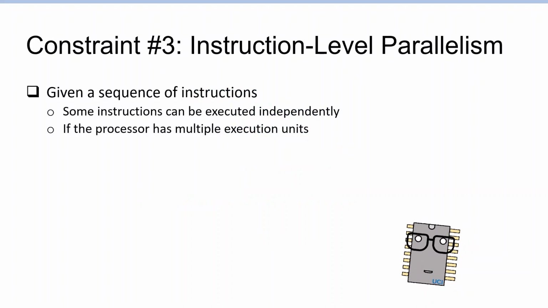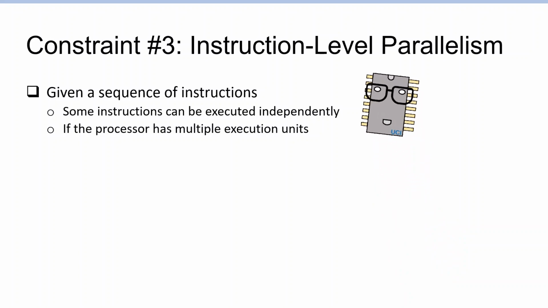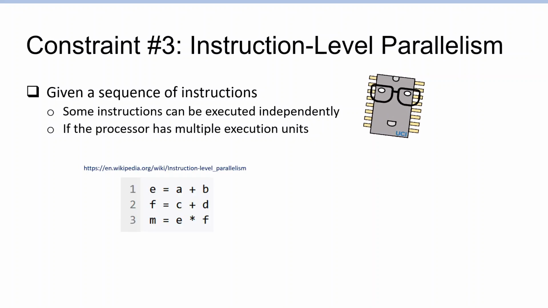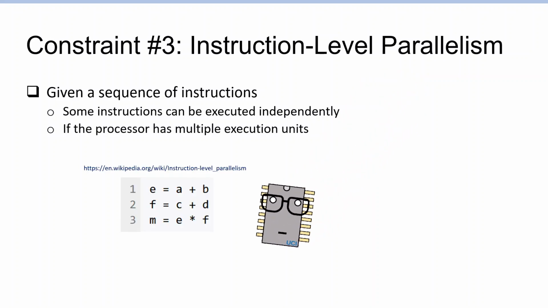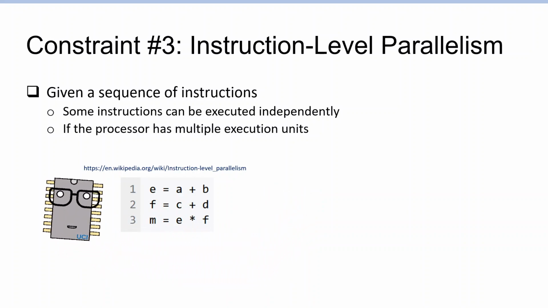Given a sequence of instructions in a single thread, even some instructions in a single sequence can be executed independently or in parallel if the processor has multiple execution units. So here's an example of 3 operations, which could be 3 arithmetic instructions.